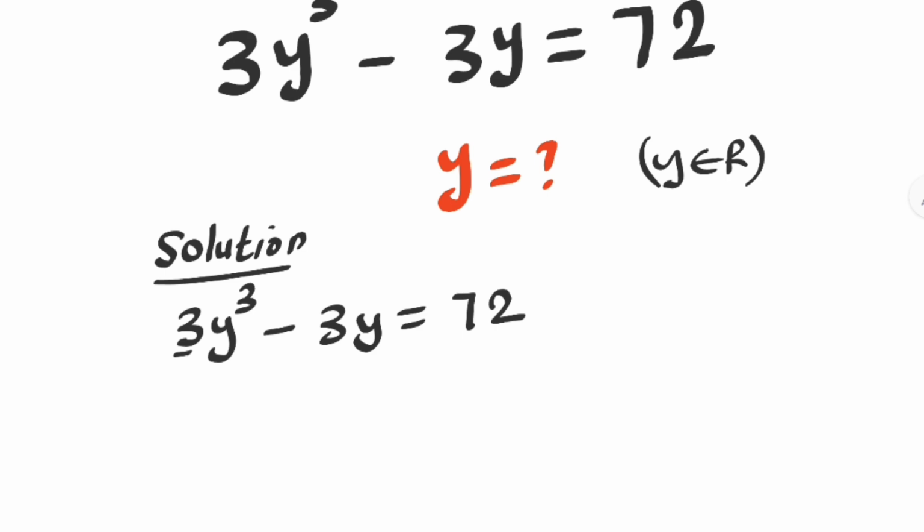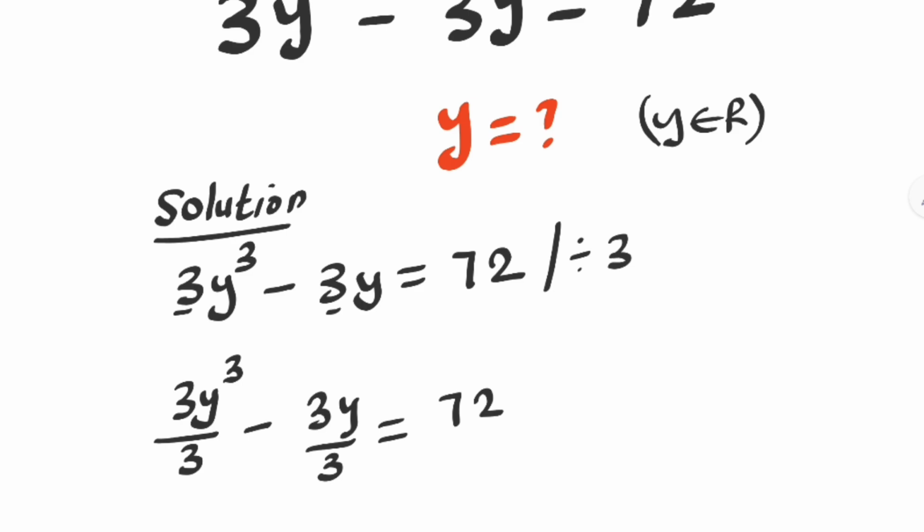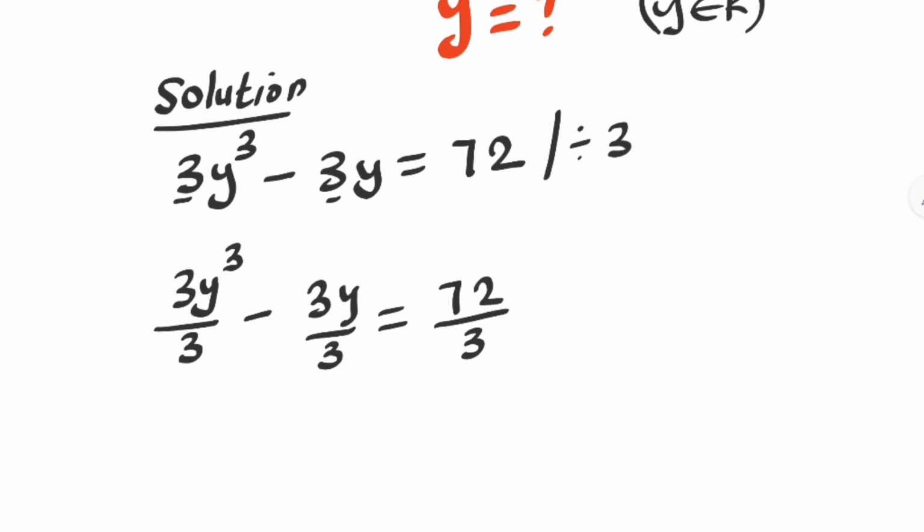We have 3 here and there is 3 here. Now let us divide the whole of this equation by 3. 3y raised to power 3 divided by 3 minus 3y divided by 3 is equal to 72 divided by 3.